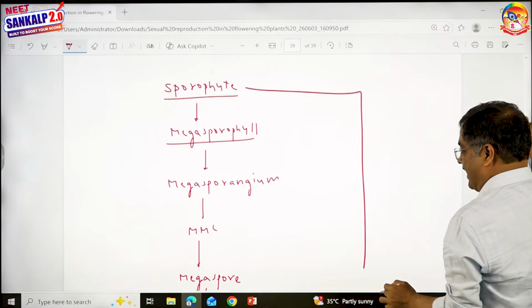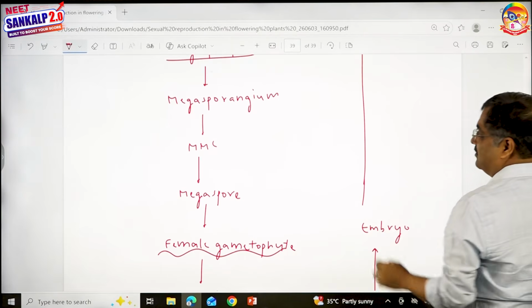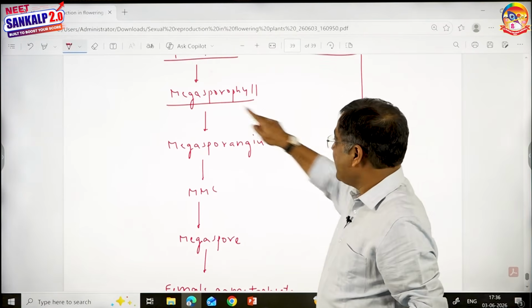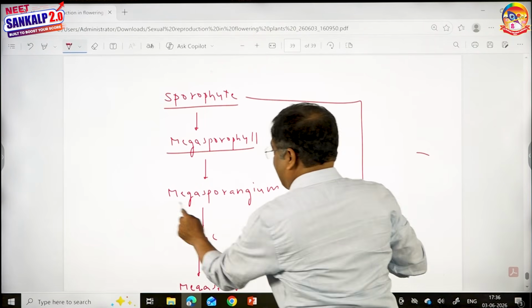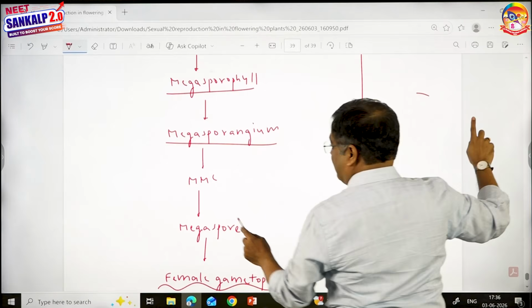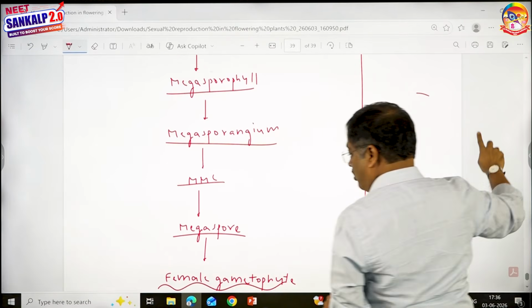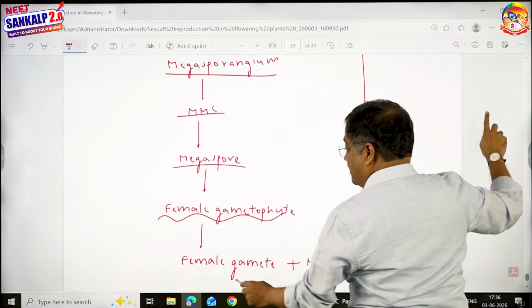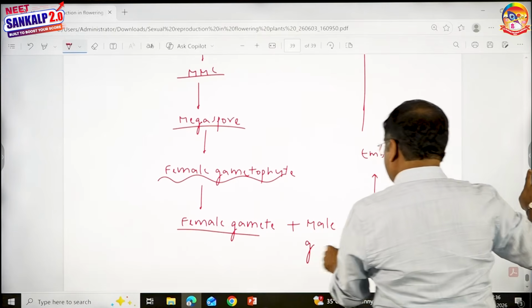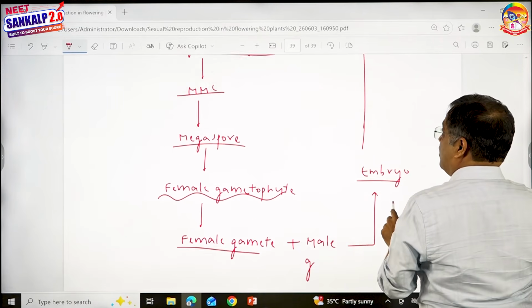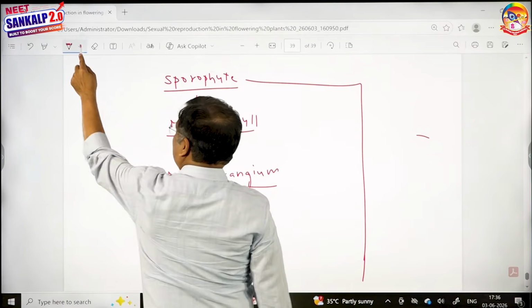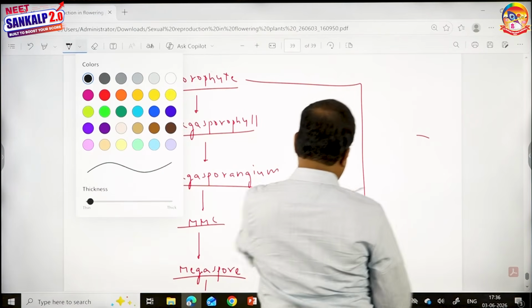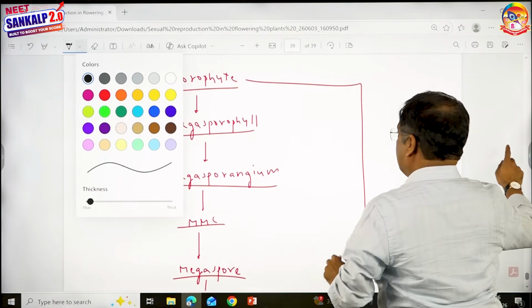Let me show you like this. So now look here. Sporophyte, megasporophyll, megasporangium, megaspore mother cell, megaspore, female gametophyte, female gamete. It fuses with male gamete to form embryo. Embryo forms this. One minute, children, just one minute. Do you see reduction division here?